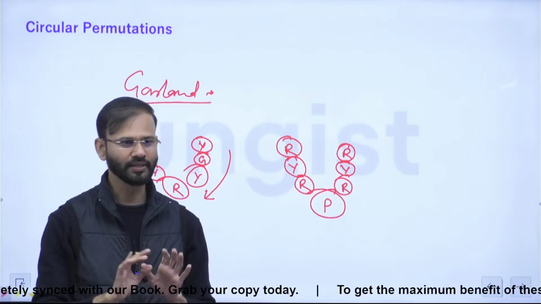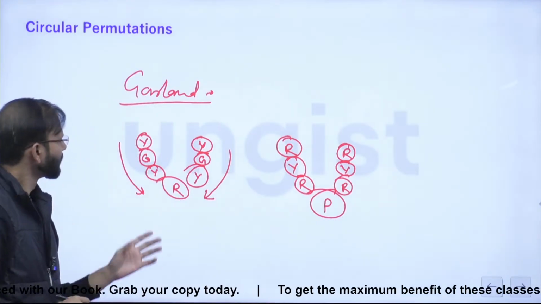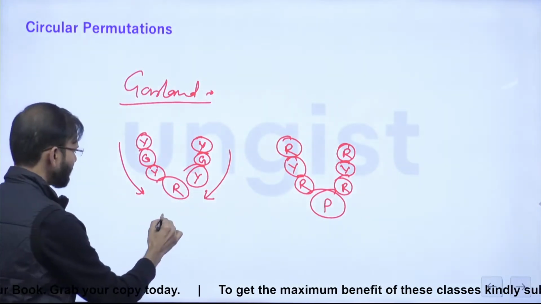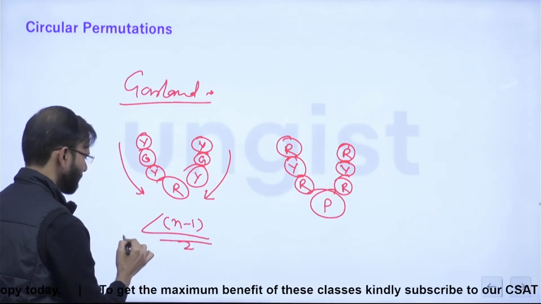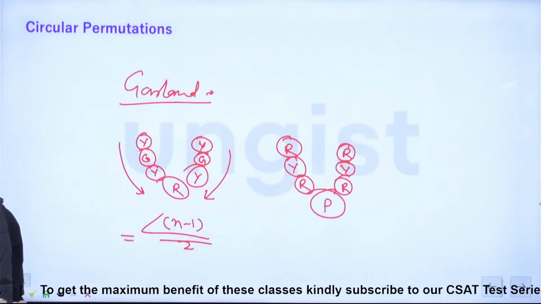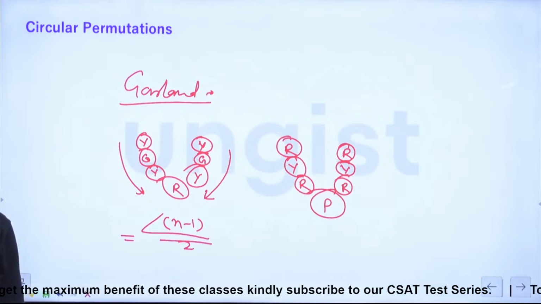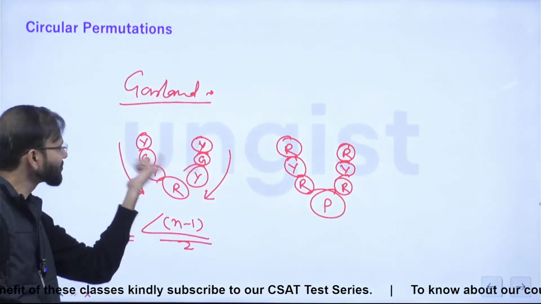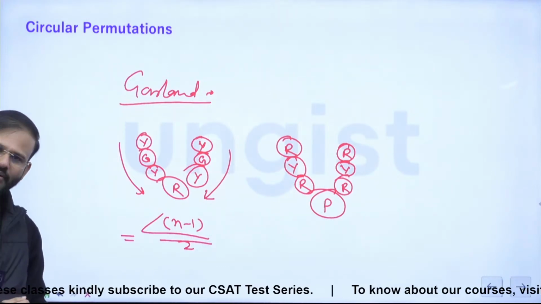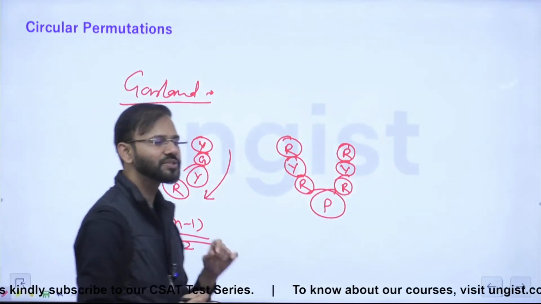So here, this will be factorial n minus 1 divided by 2. Guys, is it clear? These two arrangements are the same, yes or no? So this will be factorial n minus 1 divided by 2.